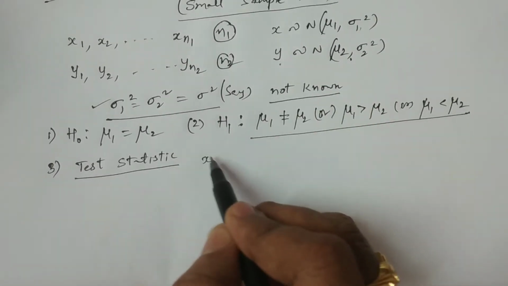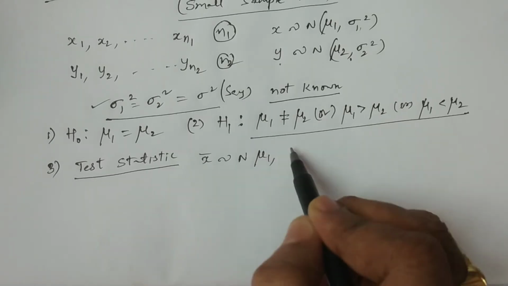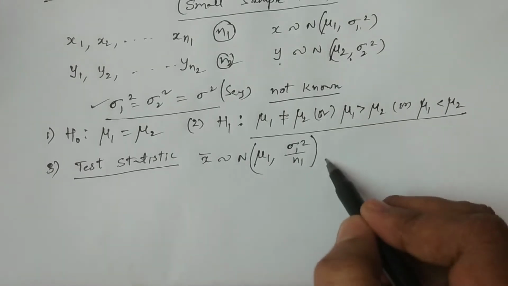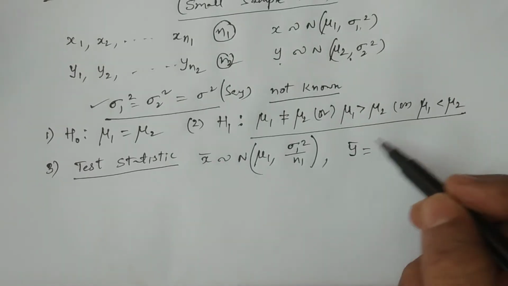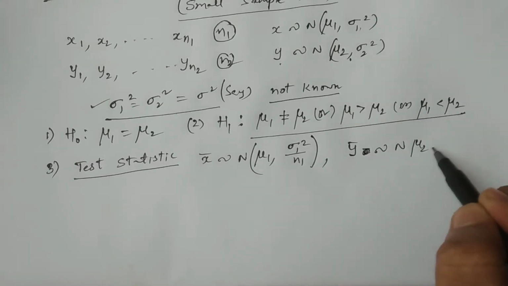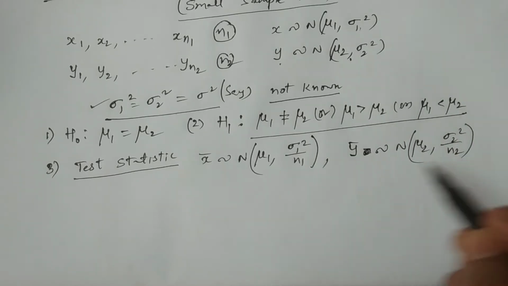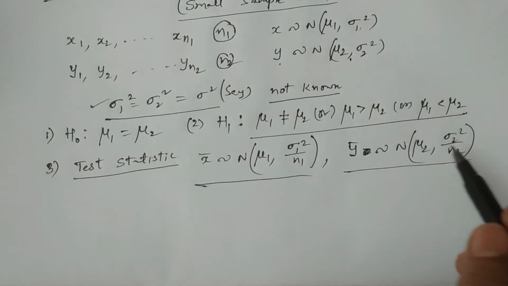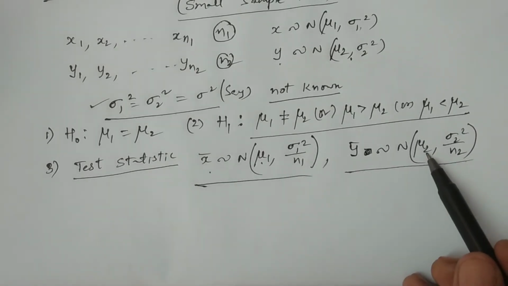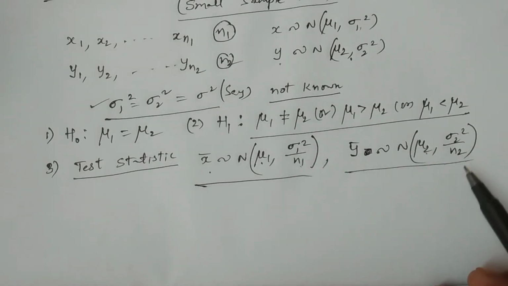Therefore, the distribution of X bar is again normal with mean mu1 and variance sigma1 square by n1. This is very simple to consider. And Y bar also follows a normal distribution with mean mu2 and variance sigma2 square by n2. So we can easily specify the distributions of X bar and Y bar: the means are mu1 and mu2, and the variances are sigma1 square by n1 and sigma2 square by n2.